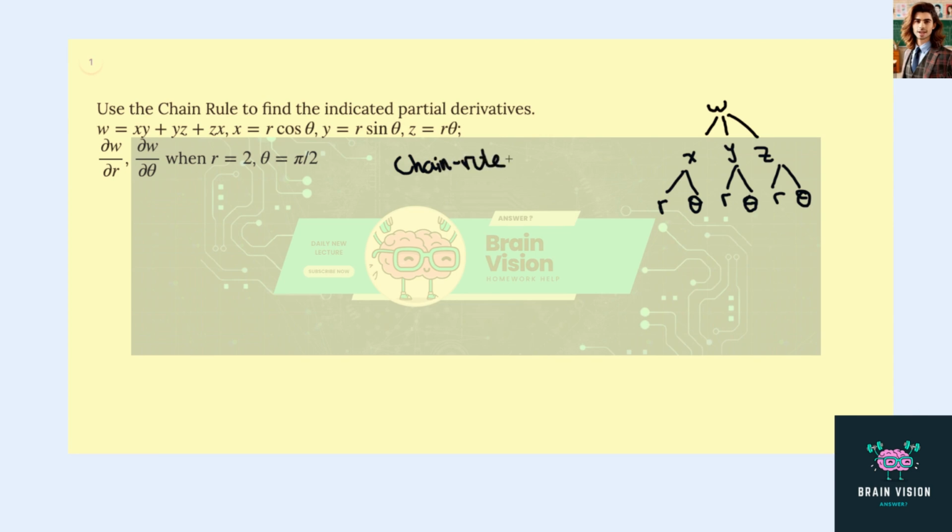Let's go ahead and use the chain rule to find these partial derivatives. So this tree diagram is helpful. If you wanted to go from W to R, you can go this way, that way, or that way.